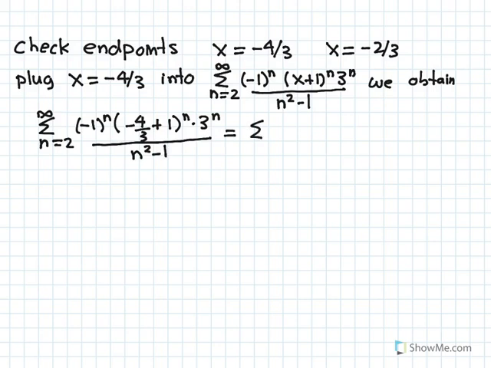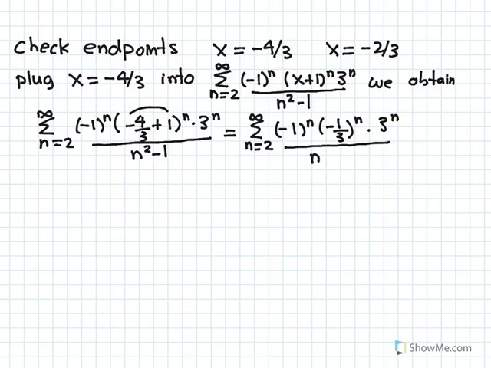So we get the summation from n equals 2 to infinity of (-1)^n. Negative 4/3 plus 1 gives us negative 1/3, to the power of n, times 3^n, all divided by n squared minus 1.